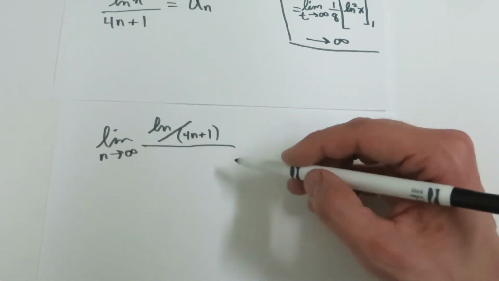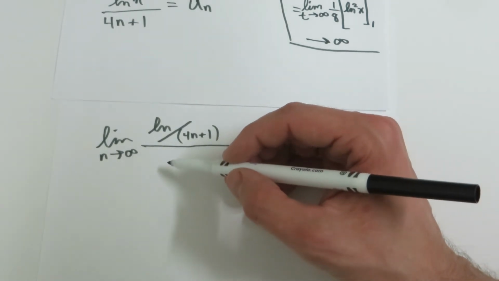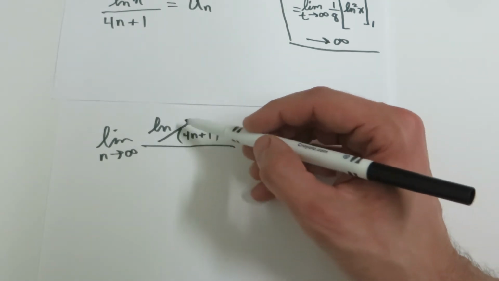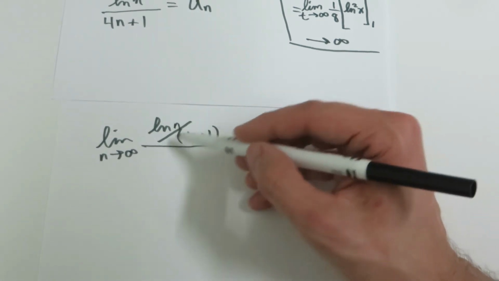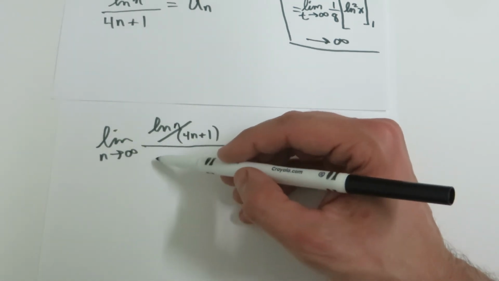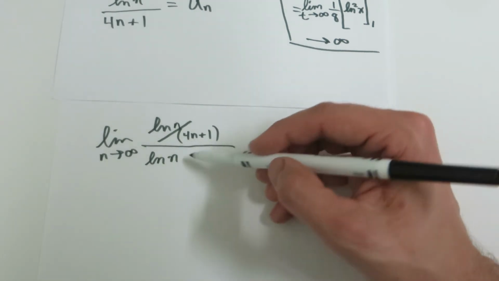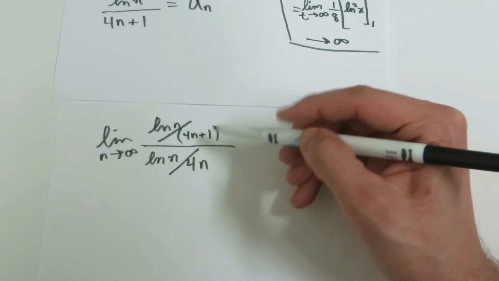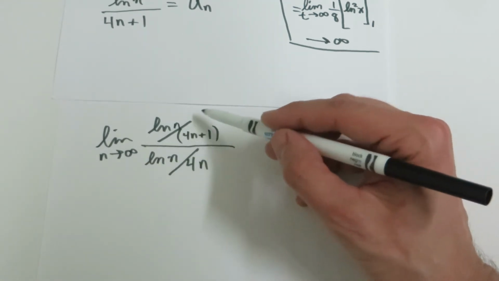Some people like to invert the fractions and multiply them together, and I'm a fan of whatever works. But I like to keep one directly on top of the other so we can really see what we're working with. This is ln of n over 4n, and this is the limit as n approaches infinity of the two.